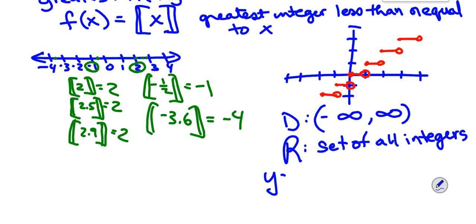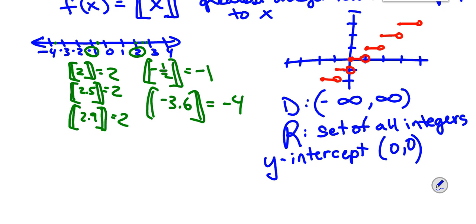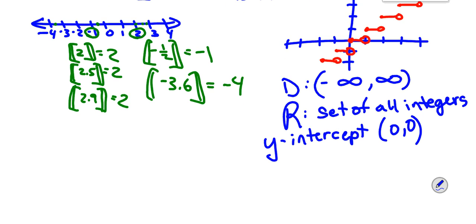This is only the y-intercept, and that is at 0, 0. So the x-intercepts are kind of unique, because the x-intercepts are in that interval from 0 to 1, where we include 0, but we don't include 1.